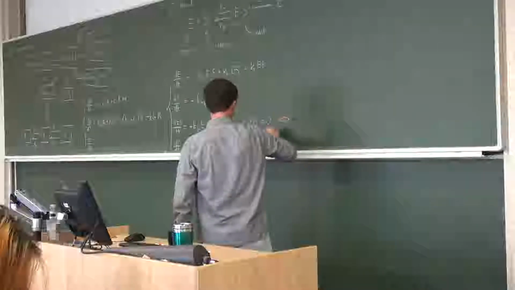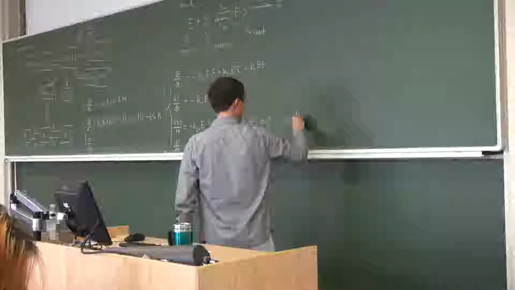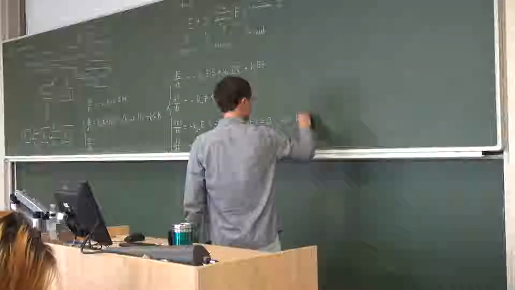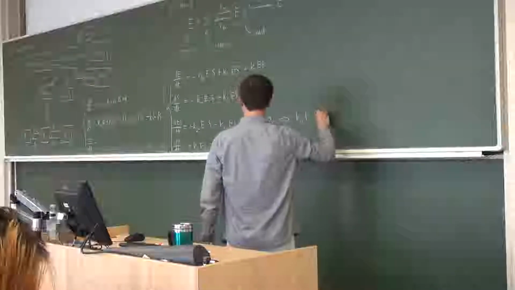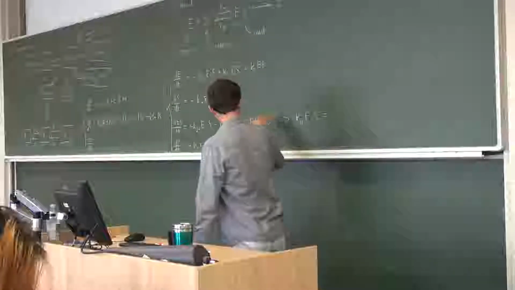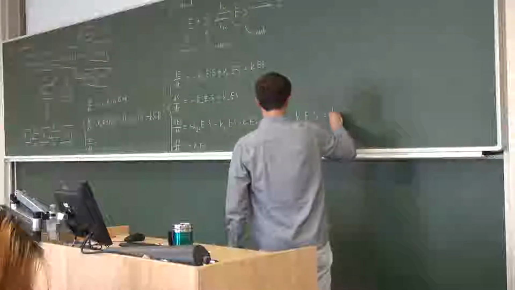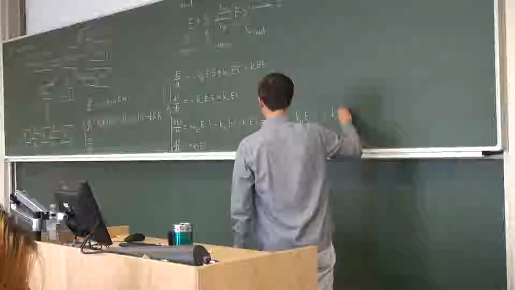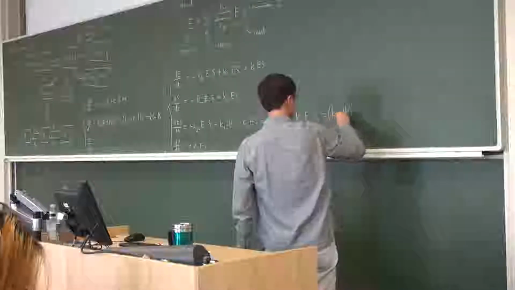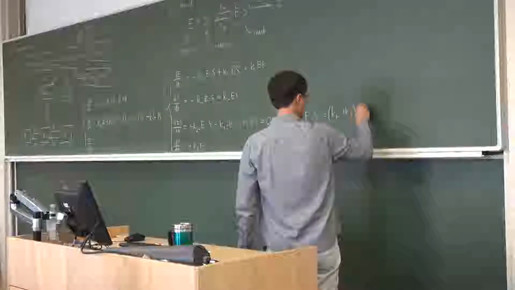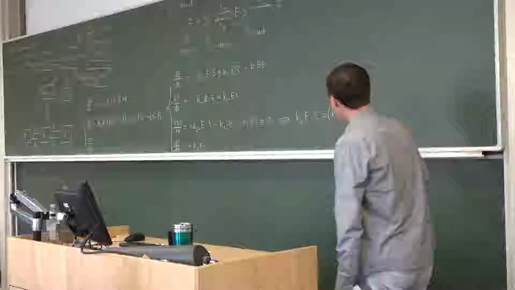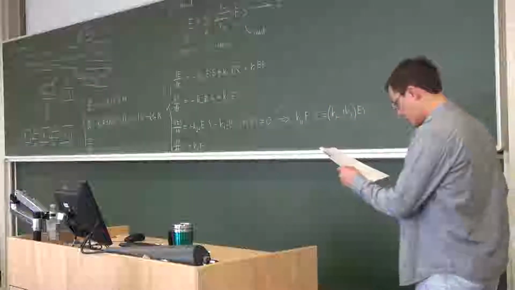So let me rewrite this a little bit. K1 plus E times S equals, I'll shift that forward to the right hand side, K1 minus plus K2 ES. What use can we make of this?